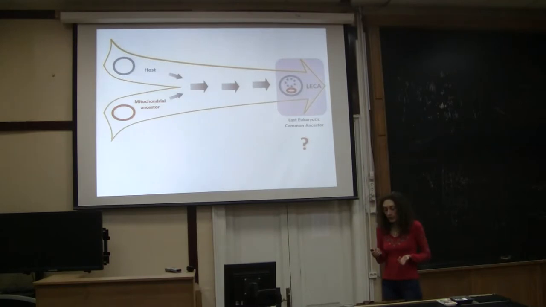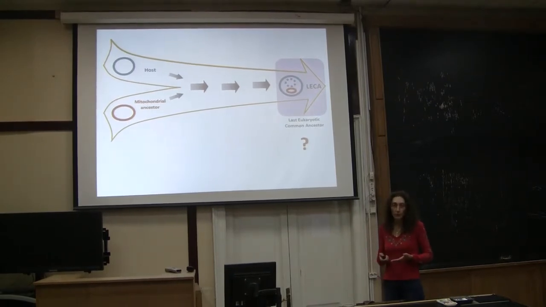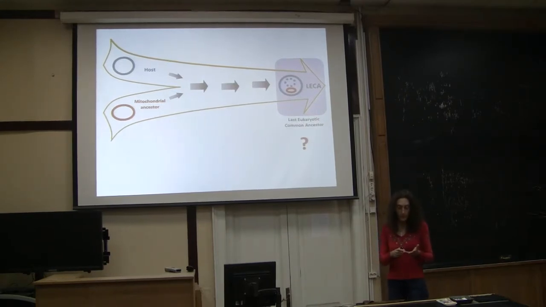In the case of the last common ancestor of eukaryotes, there are several labs working on this, and it is possible now to tackle this problem thanks to comparative genomics, because there are now a reasonable number of genomes at stake, and not only plant and animal genomes or parasite genomes that were the only kind of genomes that you could find a few years ago.